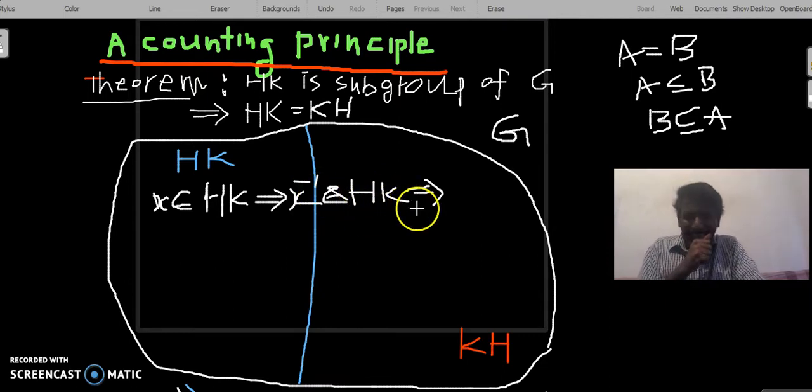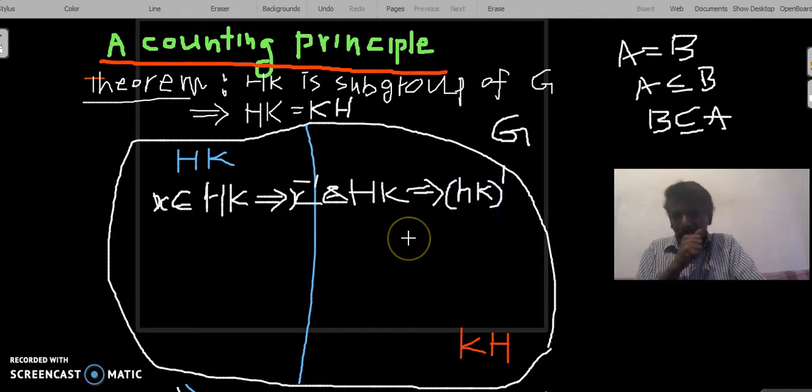Am I correct? Therefore, we can say x inverse is of the form hk, and definitely that belongs to HK.